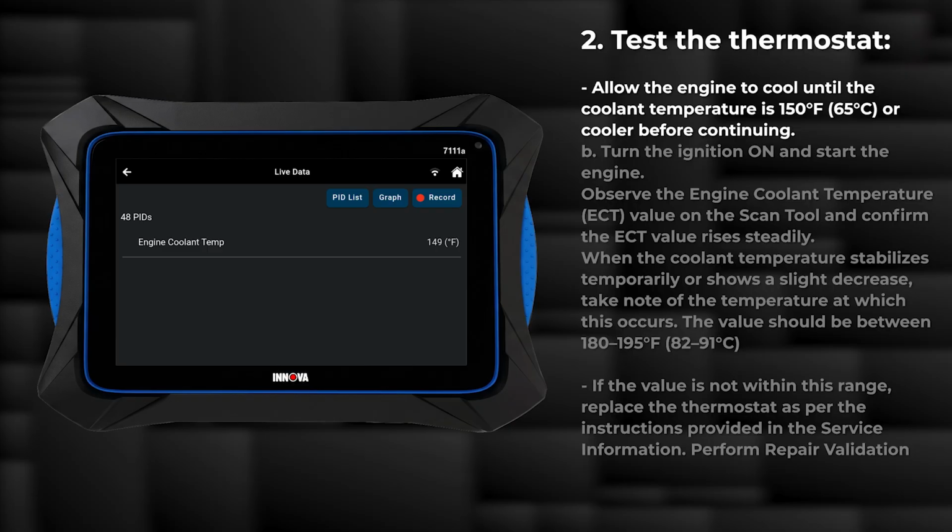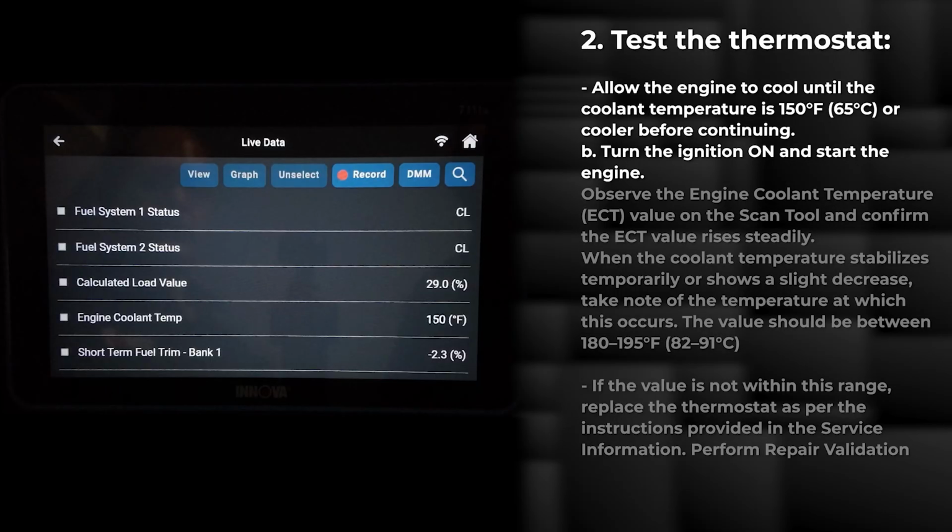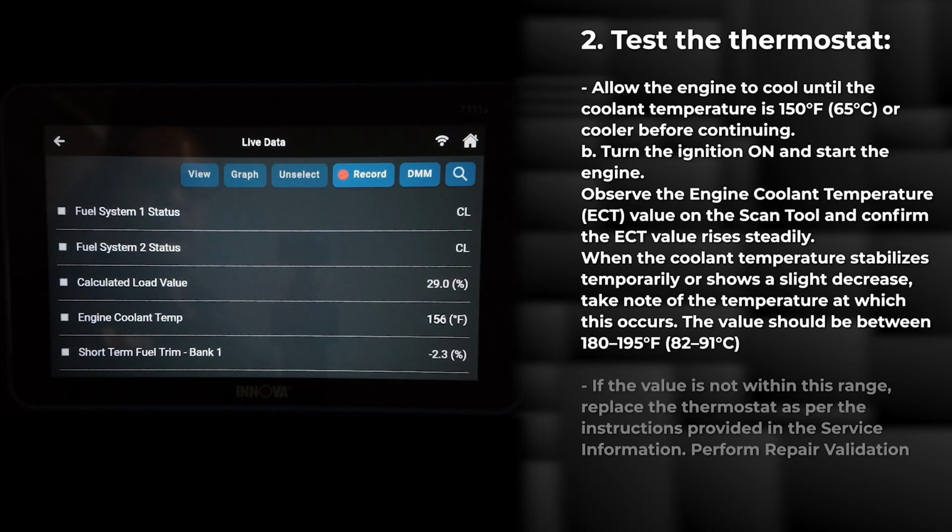Allow the engine to cool until the coolant temperature is 150 degrees Fahrenheit or cooler before continuing. Turn the ignition on and start the engine. Observe the engine coolant temperature, ECT, value on the scan tool, and confirm the ECT value rises steadily. When the coolant temperature stabilizes temporarily or shows a slight decrease, take note of the temperature at which this occurs.